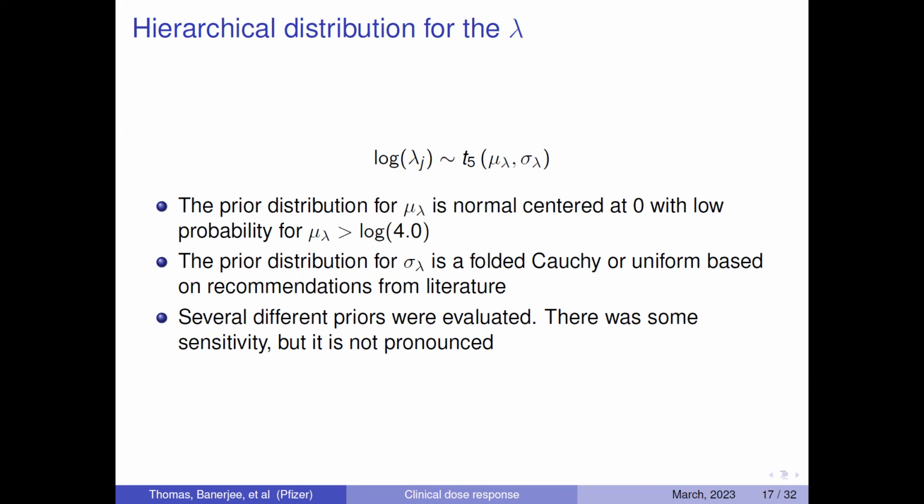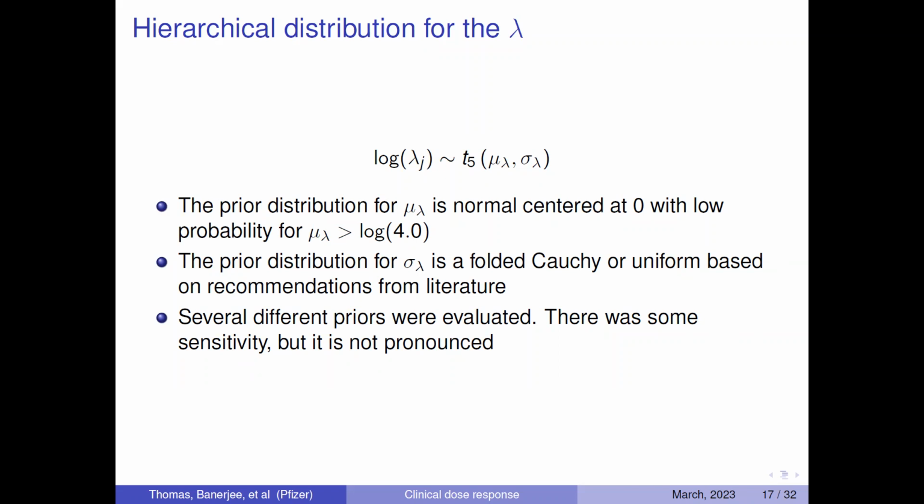Now, the things that we don't know are going to be the central tendency, the mu, subscripted by lambda, and the standard deviation, which here is not really an SD, it's a scale parameter because it's a T, not a normal. Now, the prior distribution for that hierarchical parameter, the mu, the central tendency of the power parameters, at least on a log scale, is going to be normally distributed, centered at 0, based on what the pharmacologists have told us.